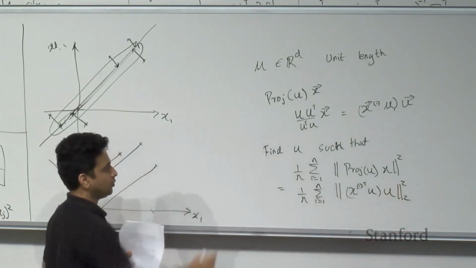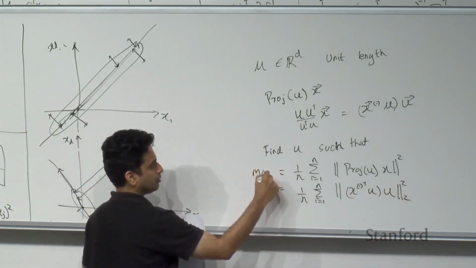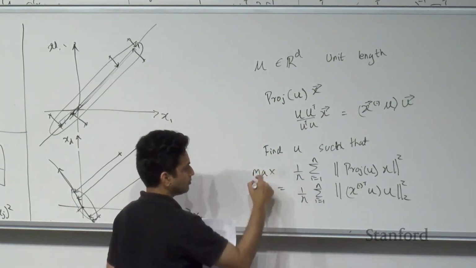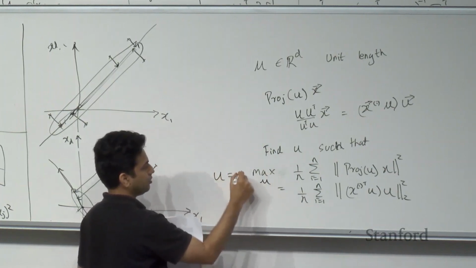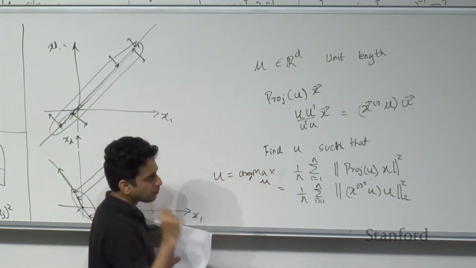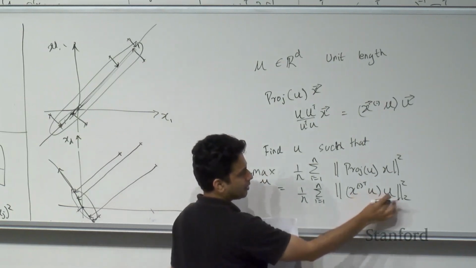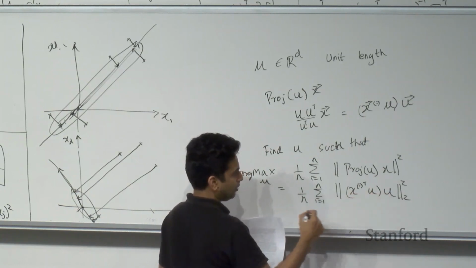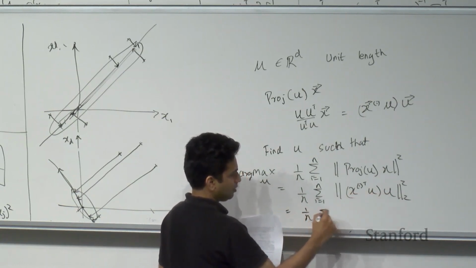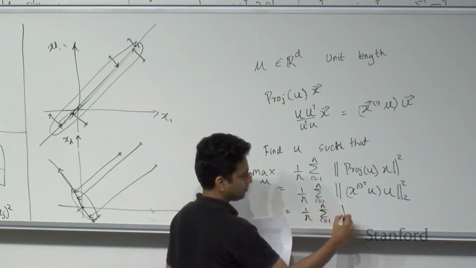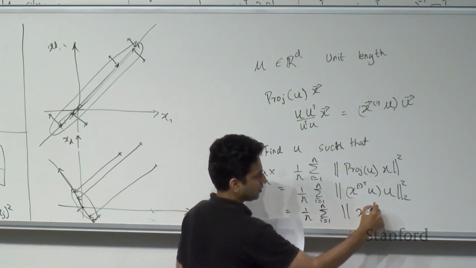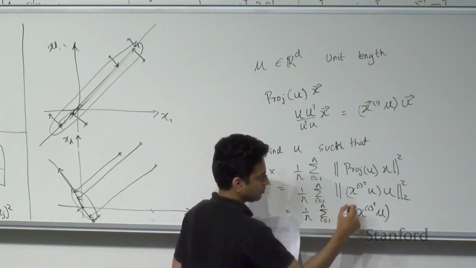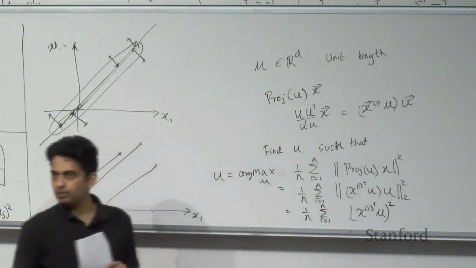So u is the argmax of this. We see that it is some scalar times a unit length vector, so the norm of this whole thing is just 1 over n sum over i of (xi transpose u) squared.